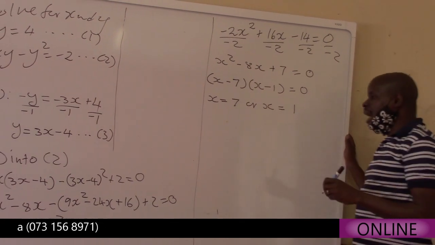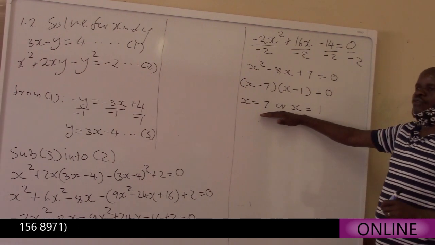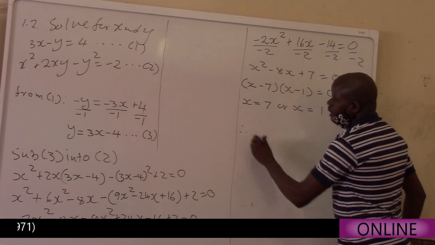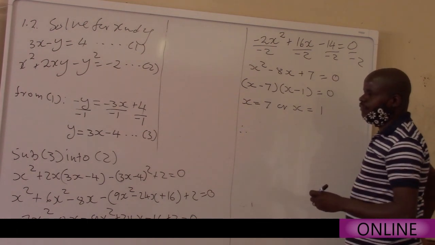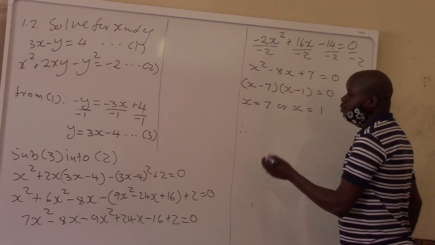And then now, we are not yet done because we have to solve for x and y. Now we have solved for x, we have to solve for y. So what we need to do is just to say therefore, because equation 3 is the one that is simplified as y equals. So we substitute the value of x in that equation to get the values of y.